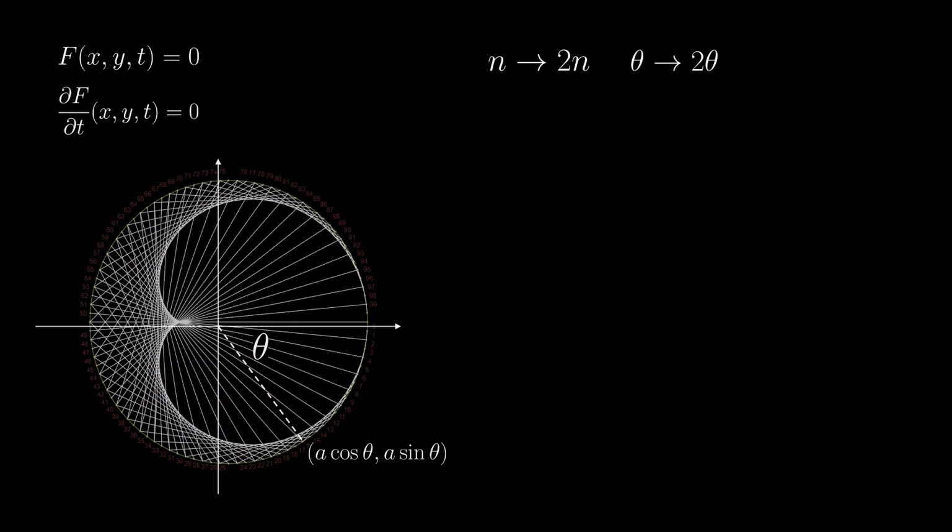For each point that has an angle theta on the circle, it connects with another point that doubles the original angle, the point at angle 2 theta. And this ending point, P2, is equal to a cosine 2 theta and a sine 2 theta.